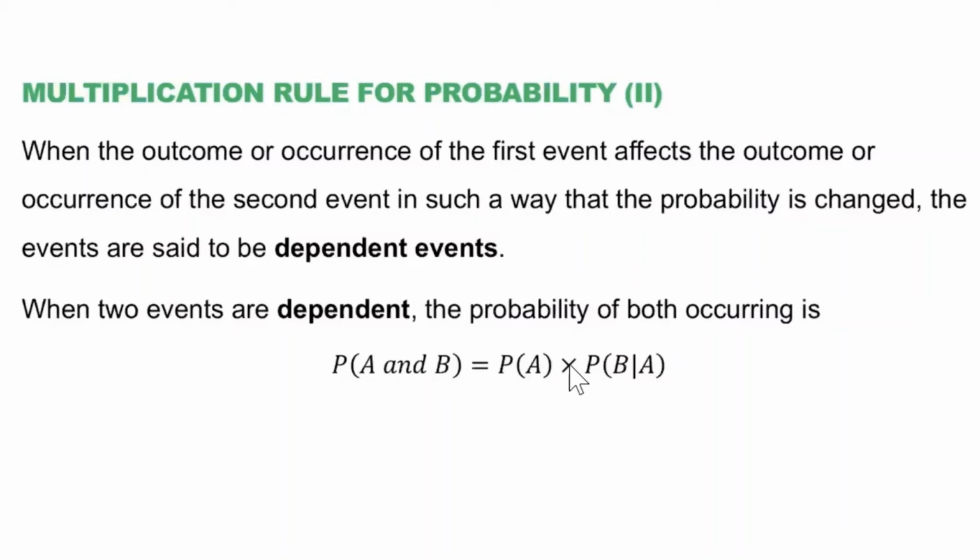That is the formula. Please copy that formula. Now let's take an example so that we understand what dependent events are, and how we can use the formula to solve those problems.